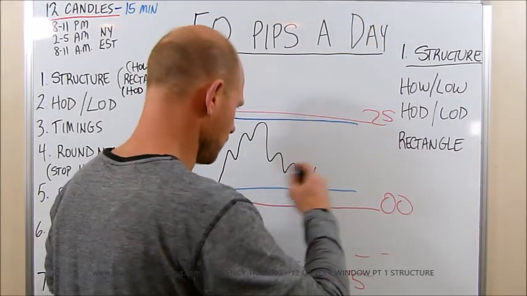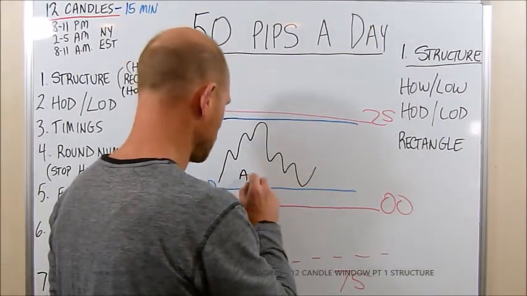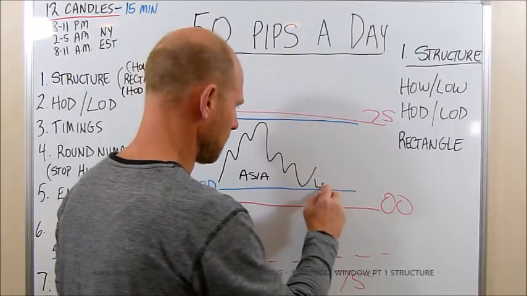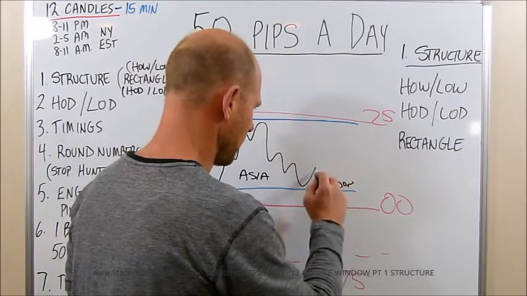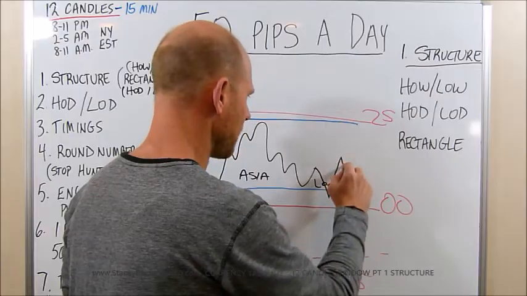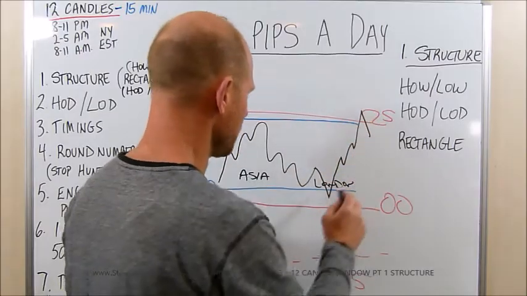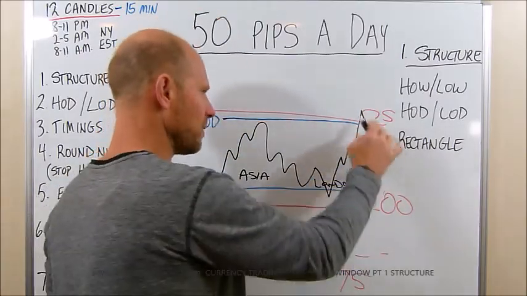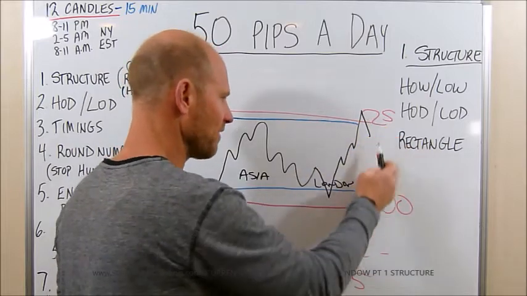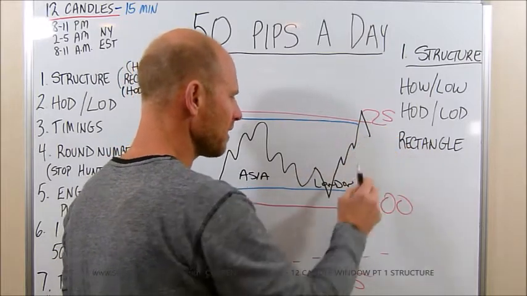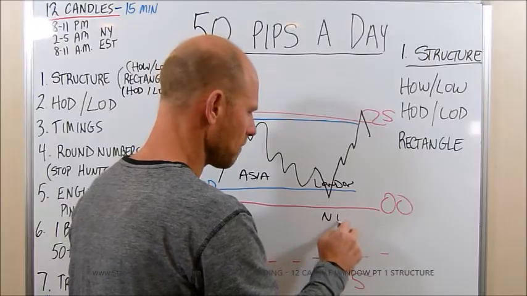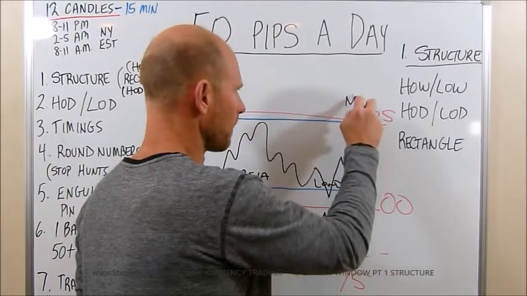If the market was to trade between Asia, London, the market may come down and expand that range and go out to the top. So it expands it down, it expands it up, and we're still in a 25 pip box. But then we have a new low and a new high.